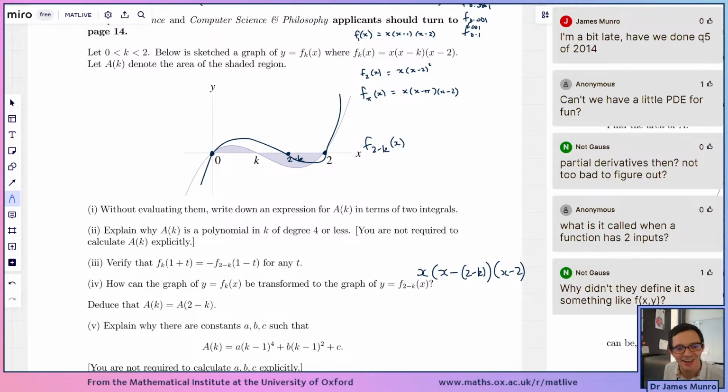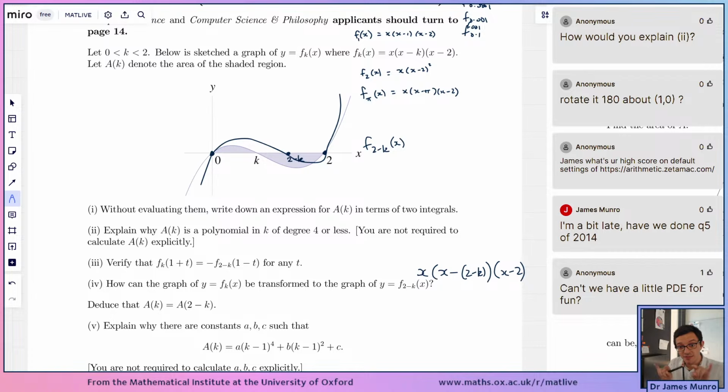But hey, so the question is, how are these things related together? Maybe you've spotted something about the distances between the roots, or that 2 minus k is not just random. There's a 2 over here and a k over here. The distance between the roots is kind of symmetric. So your first guess is maybe some sort of reflection that's moved the roots around.